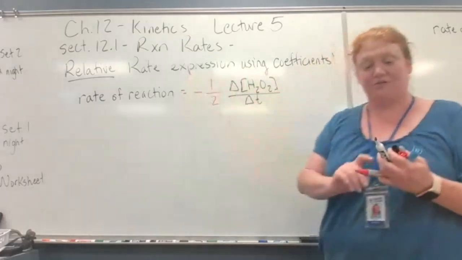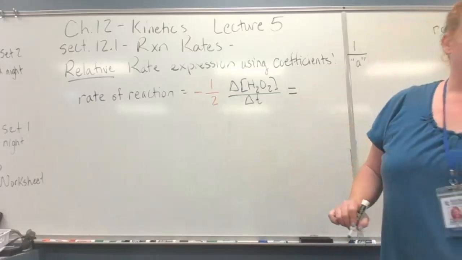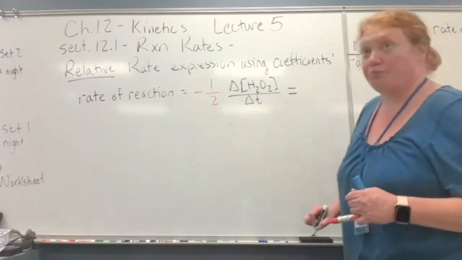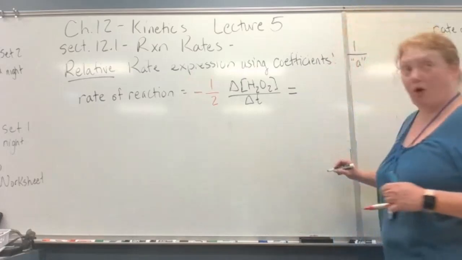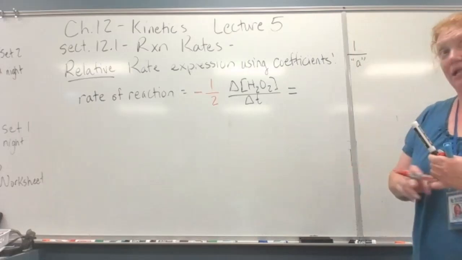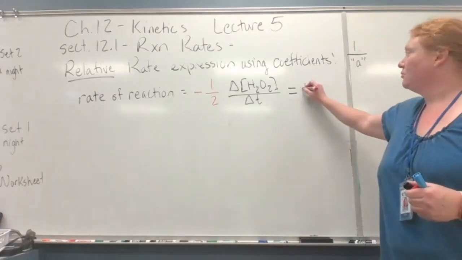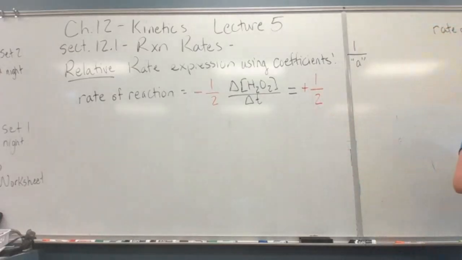Whatever this value comes out to be has to be equal to, what was the next thing in our equation? Our product, water. How many waters did we have in our balanced equation? 1 over the coefficient.